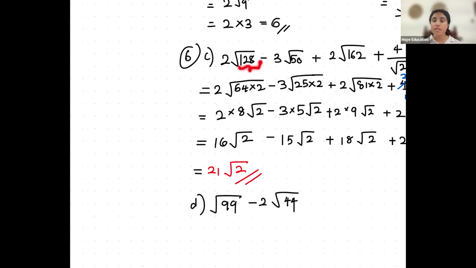Then what I did was, 64 is now inside the root sign, no? But 64 is a perfect square. What is the square root of 64? That is 8. Since 64 has a square root, I can take it out of the square root sign. That is 8. Inside the square root sign, only root 2 remains.